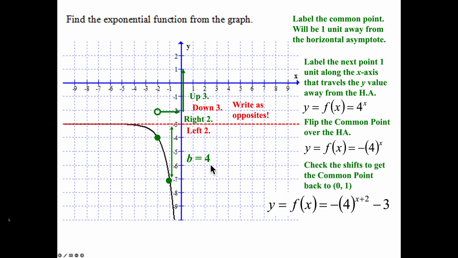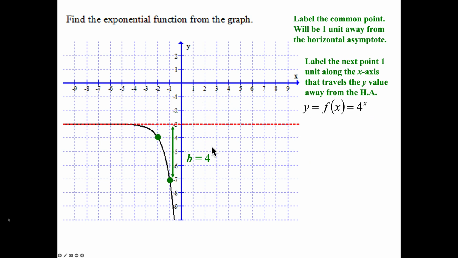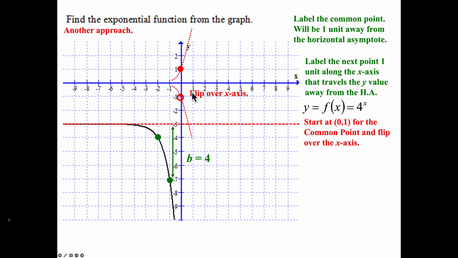I'm not a fan of doing it this way because of the fact you got to remember to change those directions. So I prefer to look at it this way. I still agree getting to 4 to the x. I agree with that part there. But what I do is I like to just put my original 4 to the x up here. Here's my common point. Start there. Now, I got to look at this and say, oh yeah, I got to flip this over the x-axis.